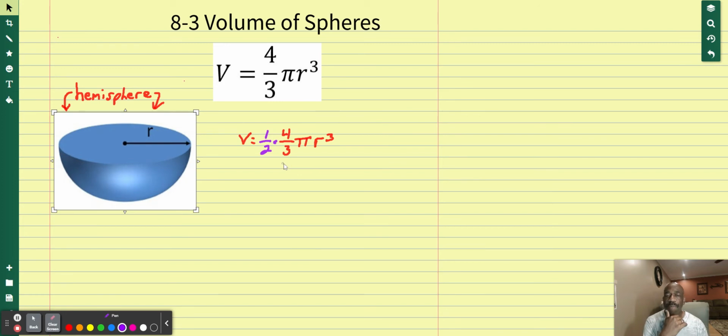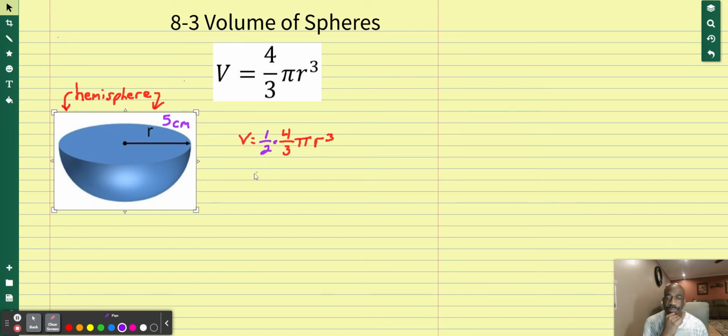So we're going to multiply times a half, or divide everything by 2. It means the same thing. Now, if I told you that this particular hemisphere had a radius of 5 centimeters, let's work that out.